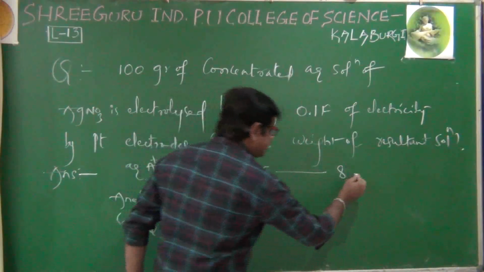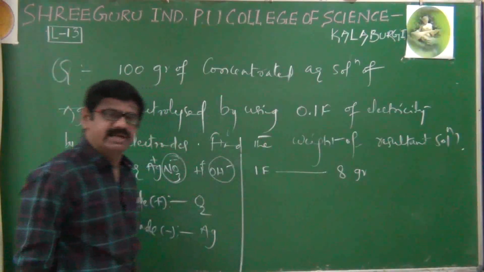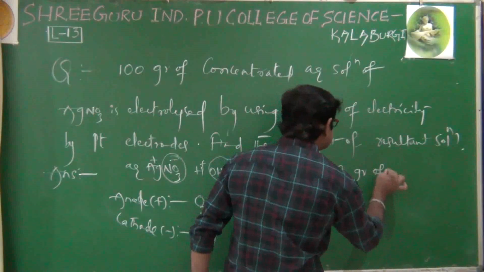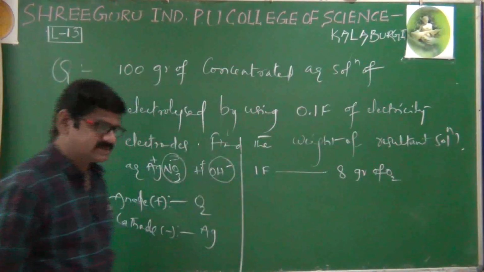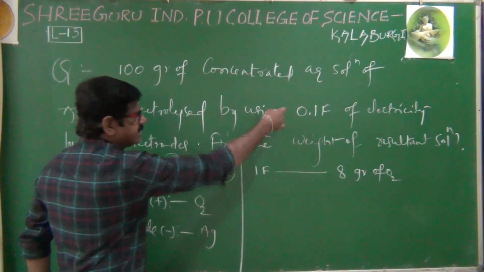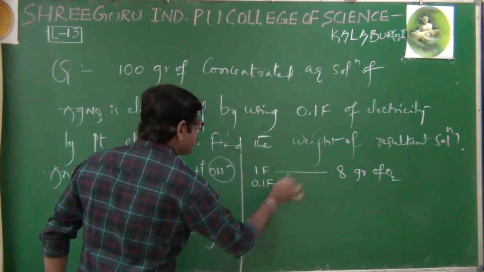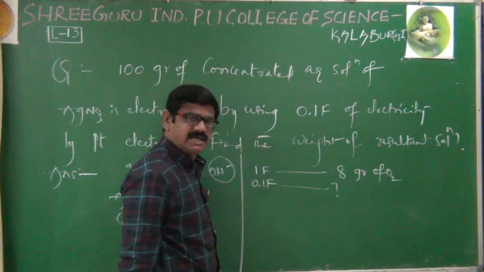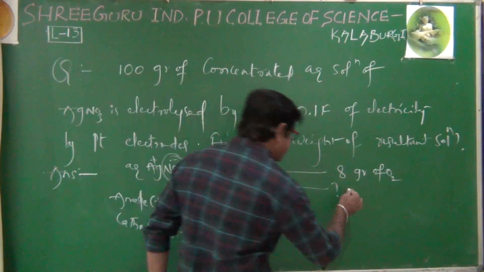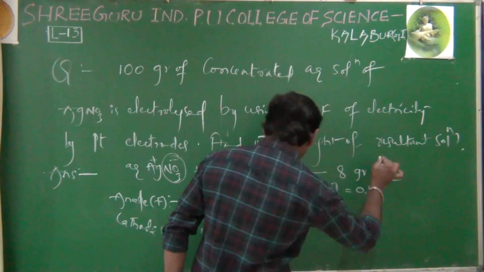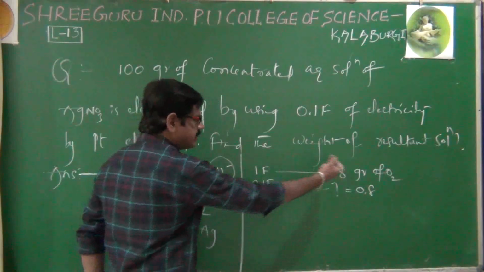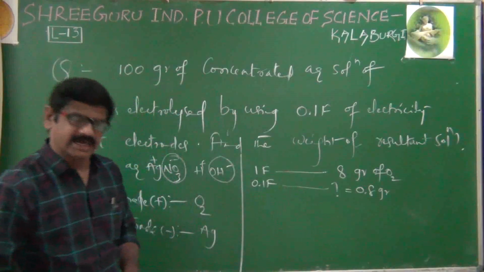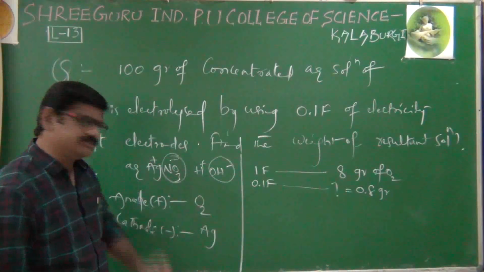If 1 Faraday is sent, 8 grams of oxygen is liberated. It is fixed. But he is not sending 1 Faraday, he is sending 0.1 Faraday. So 0.1 into 8 is nothing but 0.8 grams will be liberated at the anode.